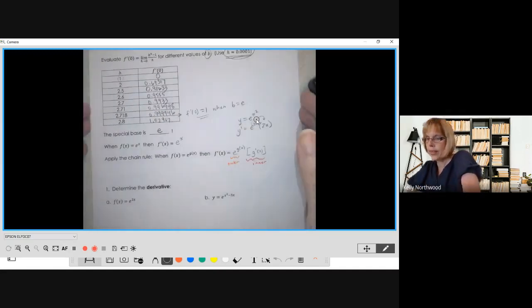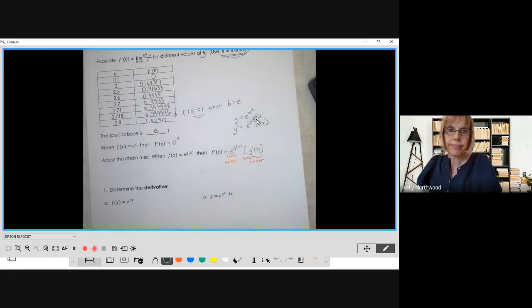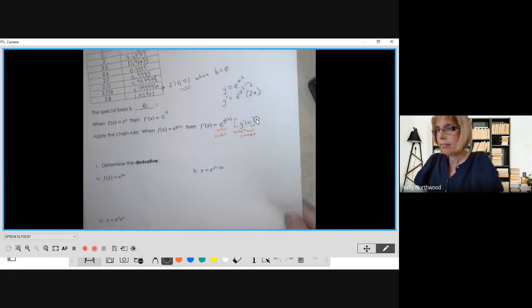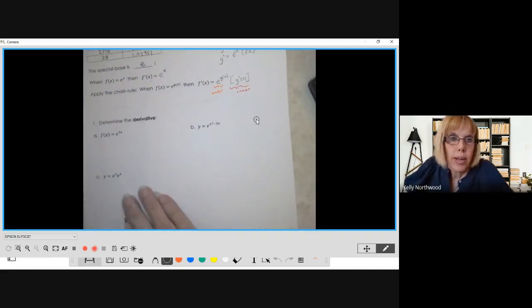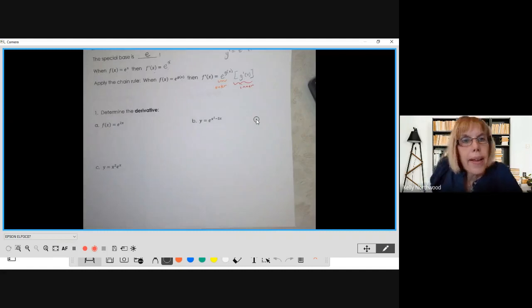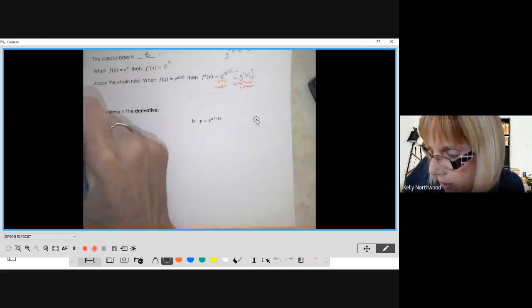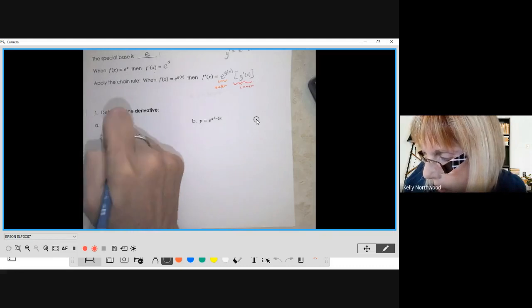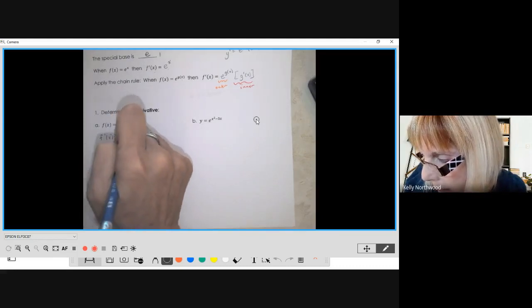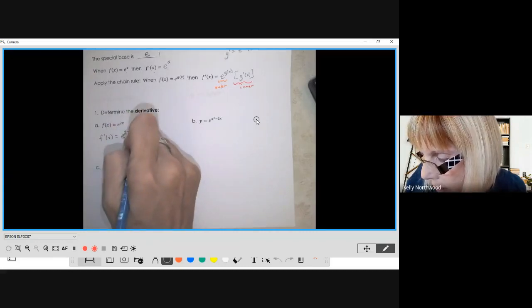Okay, so that's our setup. Now we're going to practice finding derivatives. So our first question, 1a: f of x is equal to e to the 2x, determine the derivative. So f prime of x, the outer derivative is going to be e to the 2x back, and then multiplied by the derivative of the exponent.